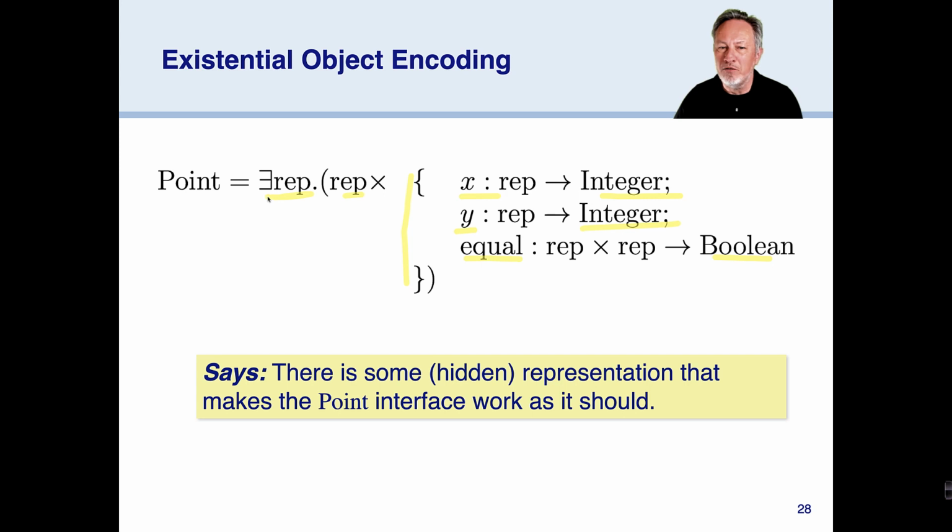And we don't know what this representation is. It exists. That's why we say it's an existential object encoding. We say point is, there is some representation and we don't care what that representation is, but once we have that representation, we can have an x and a y, which are getters that will give us the integer back. They'll pull them out of the representation. And there's an equality method, which will take the representations of 2 points and tell us whether they're equal.